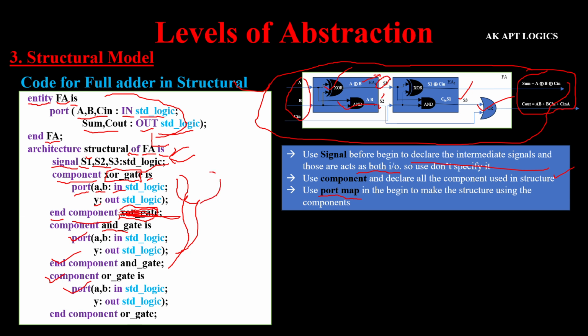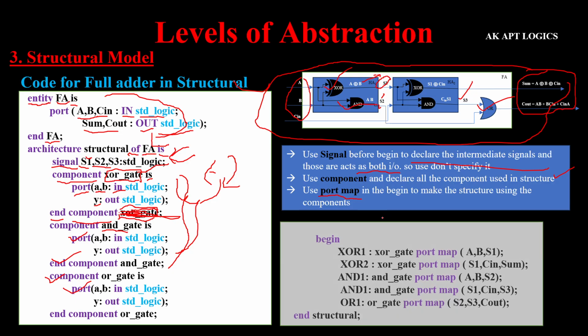We have written code for these in the previous slides, and we call those codes into this full adder code using component instantiation. Now we are going to use these components in the begin of the architecture to specify the logic of the full adder using the structure, with the help of the port map.